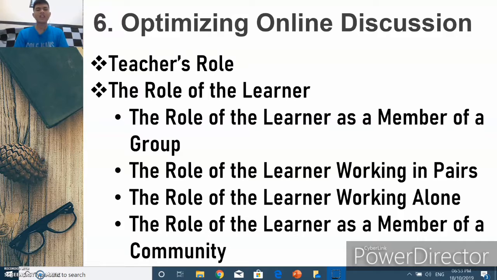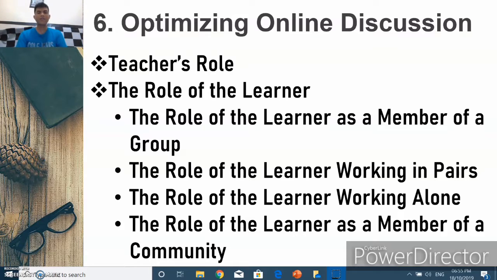The learner should be the role model for his partner who has a lack of knowledge compared to him, and lead them so that both can progress at the same pace.